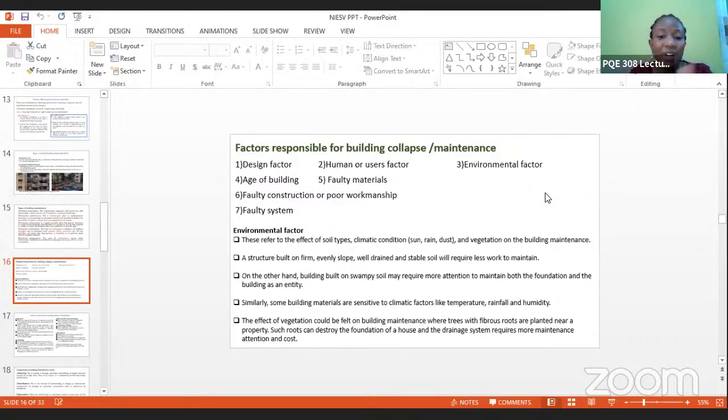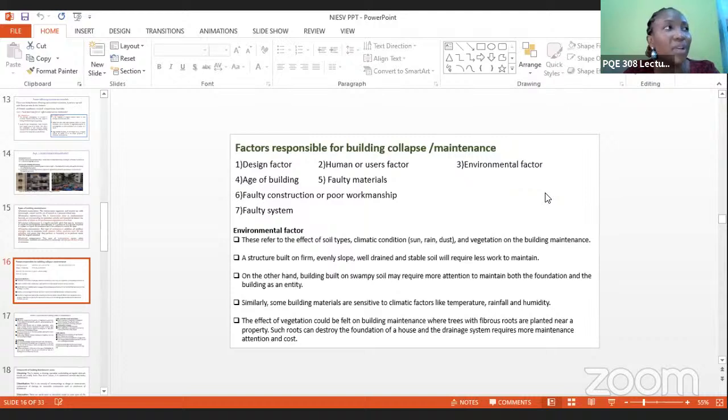Another thing is the environmental factor, as you can see on the screen. It refers to the effect of soil types, the climatic condition, vegetation. If you have a structure that is built on a firm foundation, let me say, I'll be talking about the foundation. A building that is built on a good foundation, a foundation that is firm, that is well drained, it's not retaining water. You understand?